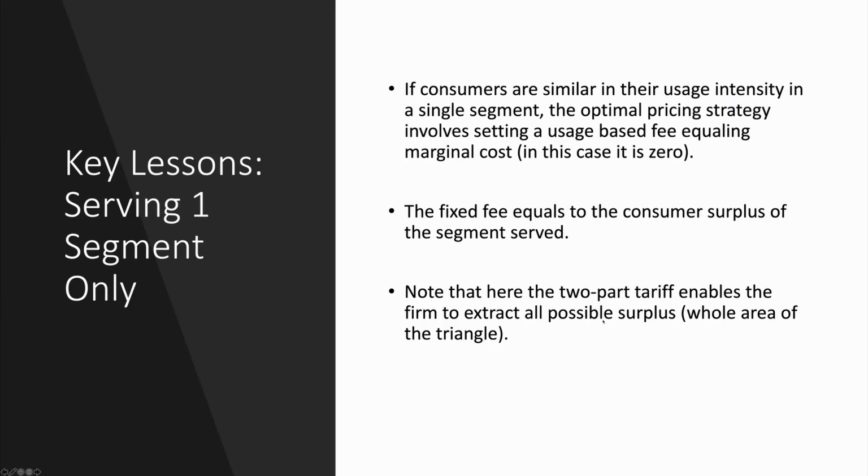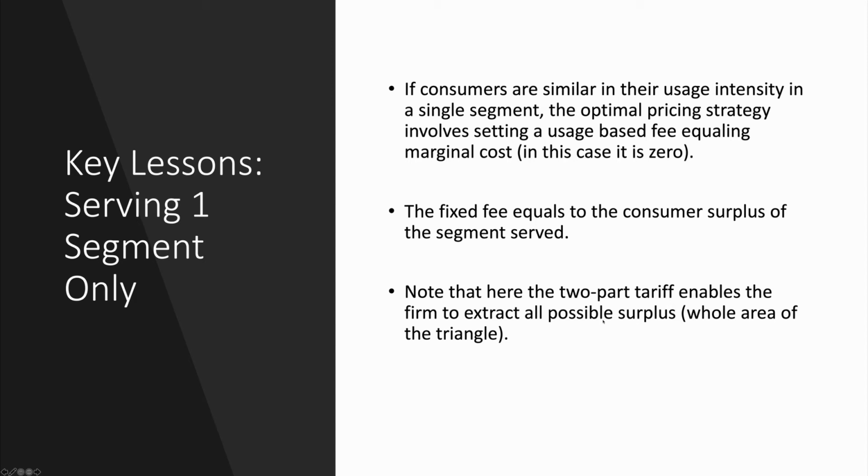So the key lessons so far: if we choose to serve only one of the two segments in the market, and consumers are similar in their usage intensity in a single segment, we're assuming everybody in the same segment to be the same, then the optimal pricing strategy involves setting a usage-based fee that is equal to marginal cost, in this case, 0.